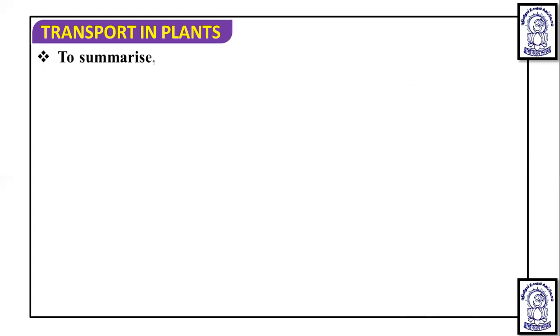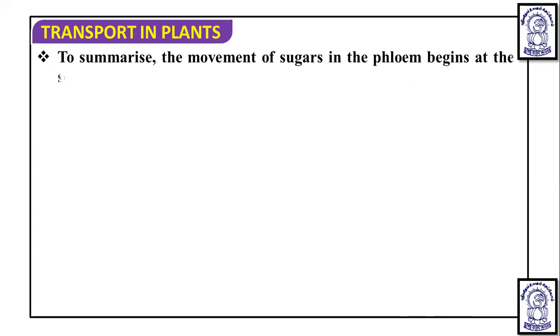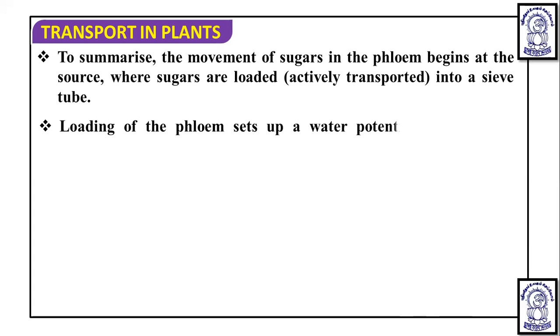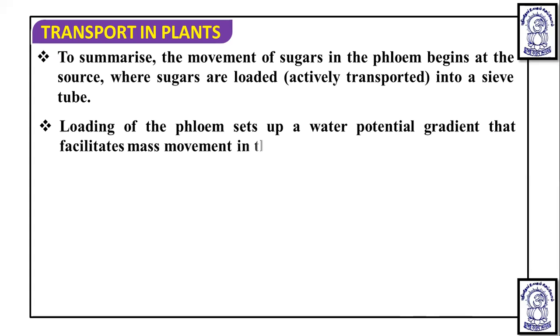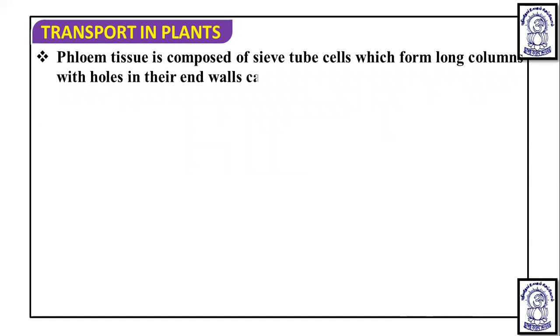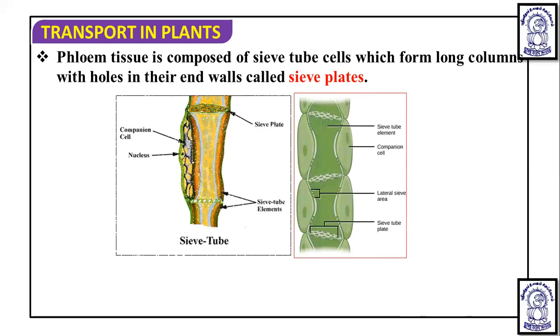Okay, so to summarize, the movement of sugar in the phloem begins at the source where sucrose is loaded, actively transported into the sieve tube. Loading of the phloem sets up a water potential gradient that facilitates the mass movement in the phloem, because of which we call it the mass flow hypothesis. Phloem tissue is composed of sieve tube elements or cells which form a long column with holes in their end walls called sieve plates, and through these sieve plates the movement takes place.